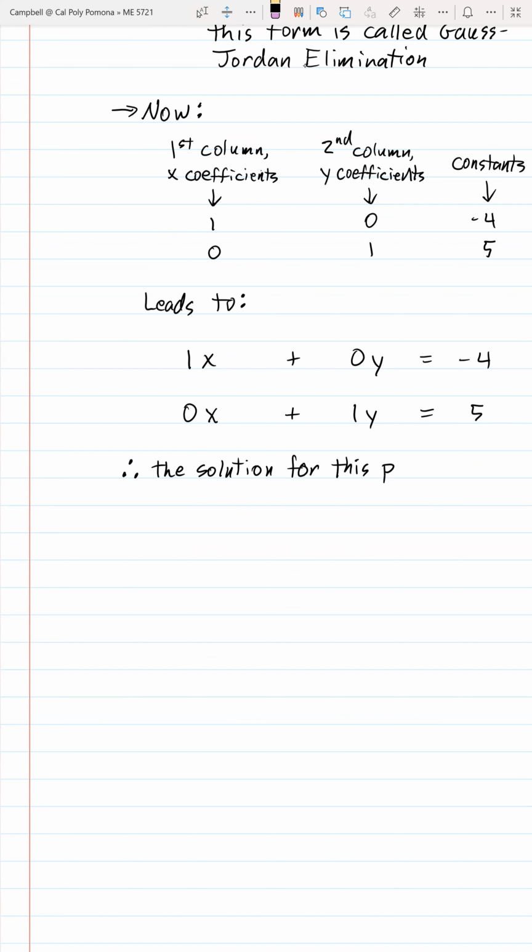So the solution for this part is simply x, y is equal to -4, 5 as before. So we can then see that we can just equate the variable vector now to this vector of constants, which indicates the values of those variables that will solve both of those equations.